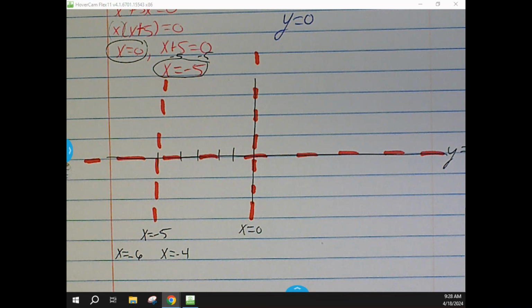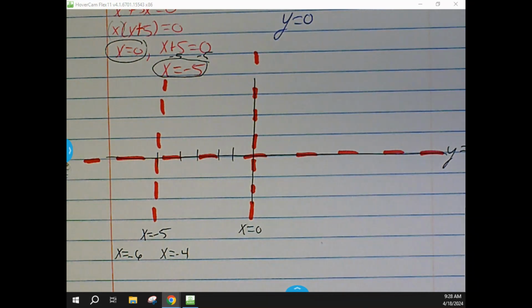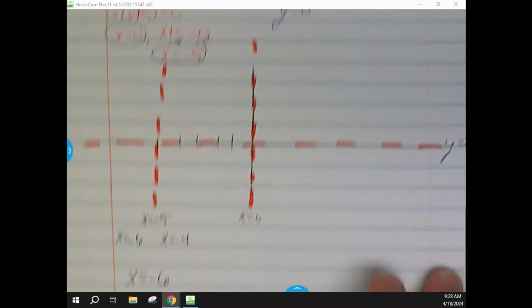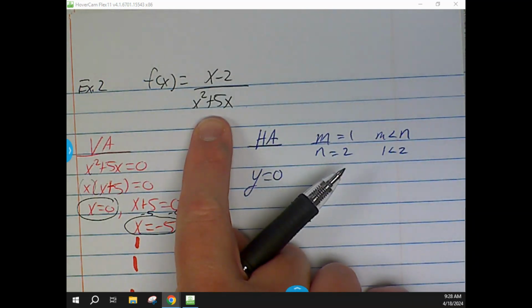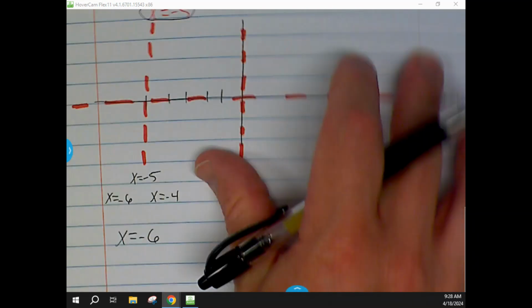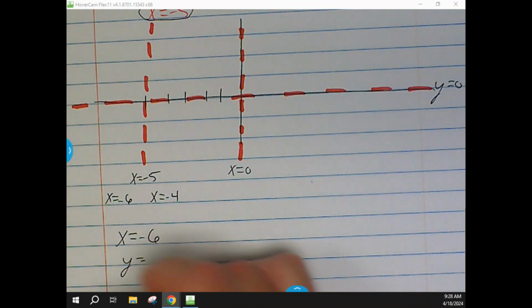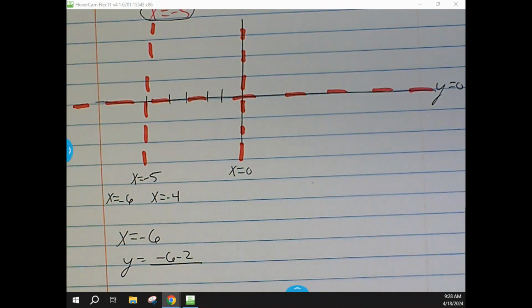All right, and this is the part that's not hard. It's just kind of tedious because we've got to keep plugging stuff in. So we're going to plug in x equals -6, or again, the fancy math word of the day is we're going to evaluate -6 back into the function up here. So it makes it -6 minus 2 over -6 squared plus 5 times -6.